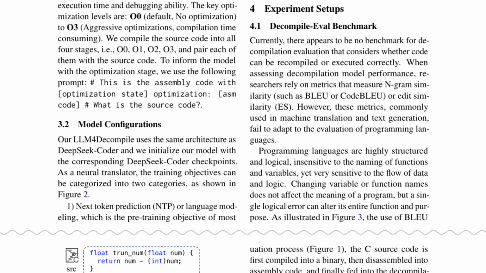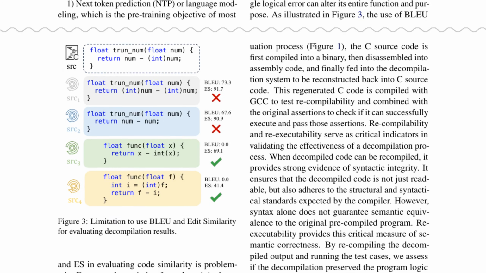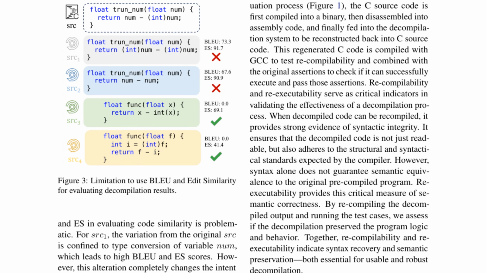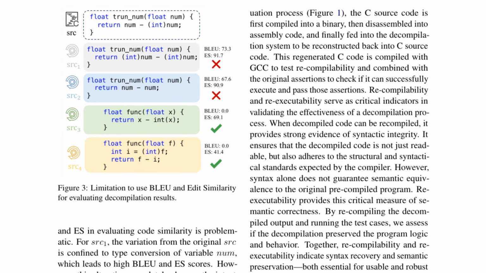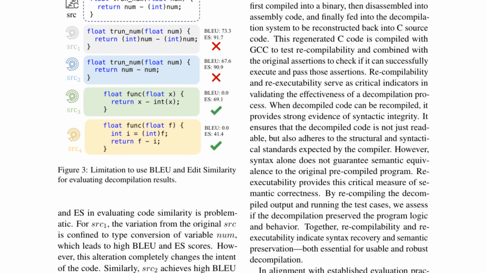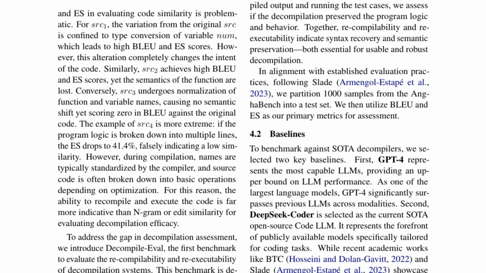As illustrated in Figure 3, the use of BLEU and ES in evaluating code similarity is problematic. Figure 3. Limitation of using BLEU and edit similarity for evaluating decompilation results. For src_1, the variation from the original src is confined to type conversion of variable num, which leads to high BLEU and ES scores. However, this alteration completely changes the intent of the code.